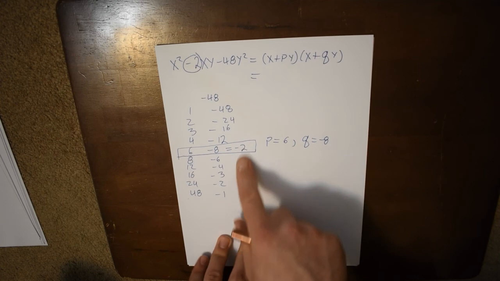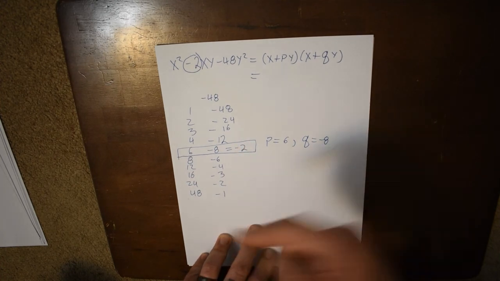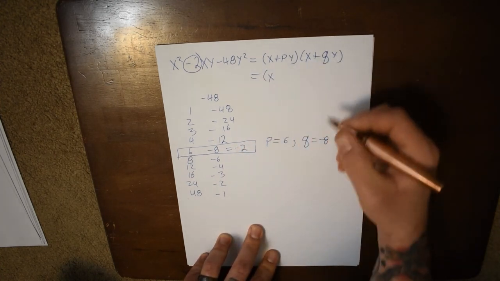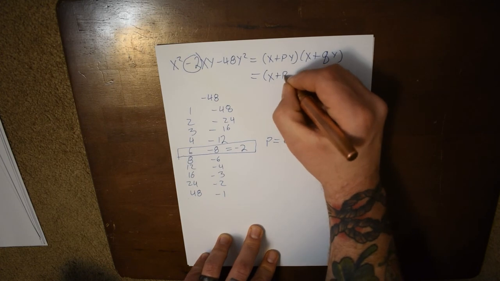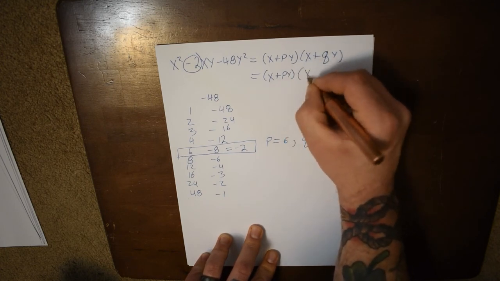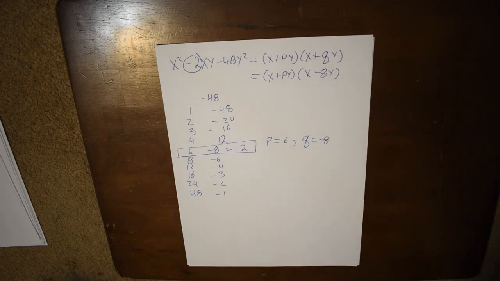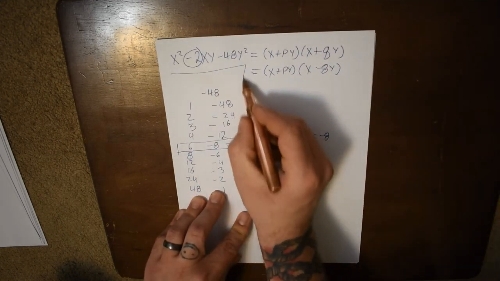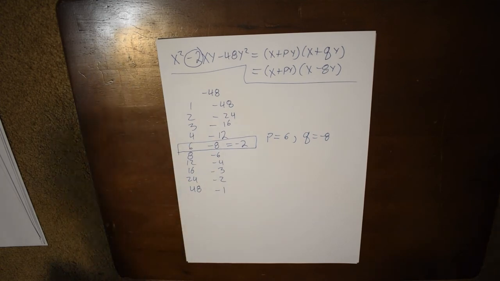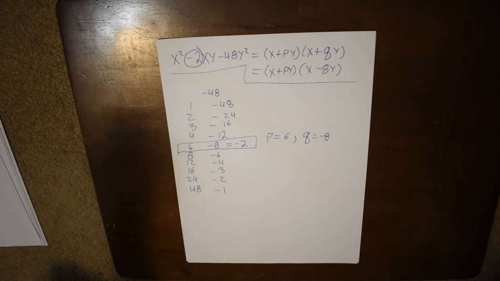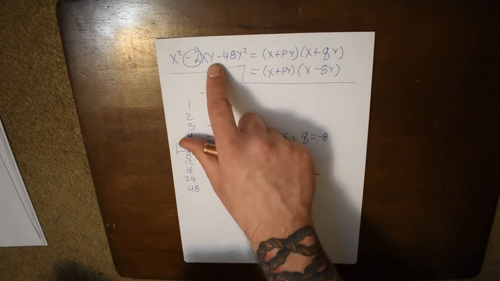So we've gone through, we've done the same steps as before. X plus a p plus py times x plus a q, -8y. So it's not really better, it's just different. It looks a little bit different because we have these two variables floating around.